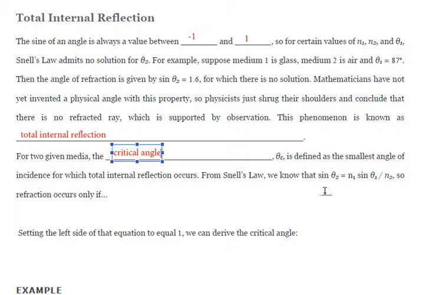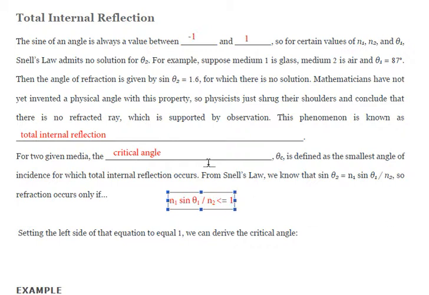So we've just barely broken that sine theta 2 equals some number that's a little bit above 1. From Snell's law, looking only at variables, we know the sine of your angle of refraction is equal to n1 sine theta 1 over n2. So refraction only occurs if n1 sine theta 1 over n2 is less than or equal to 1.